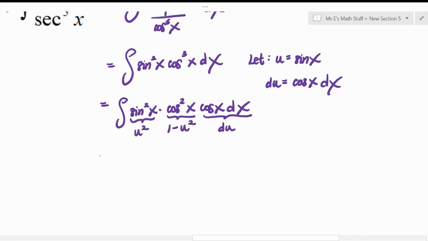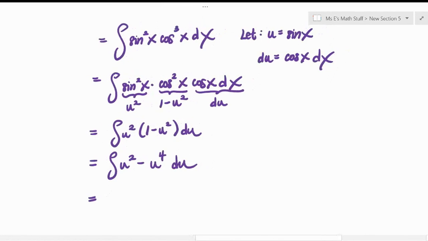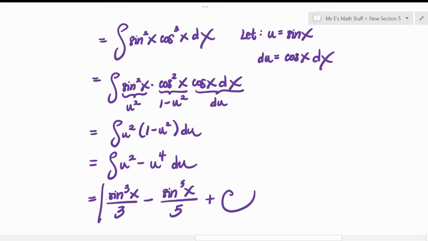Boom. All right, power rule. Let's see, u cubed over 3, and I'm going to back substitute. So I'd get sine cubed x over 3 minus sine to the fifth x over 5 plus c.